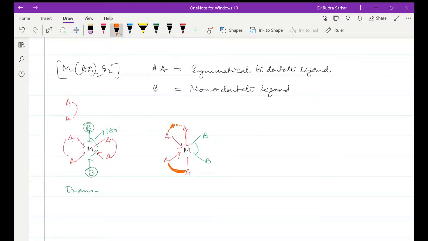Now this particular arrangement will be having no plane of symmetry, but trans is having a plane of symmetry. How is it having a plane of symmetry? If you just follow this over here, just have a look.